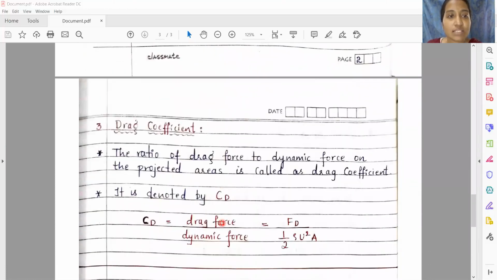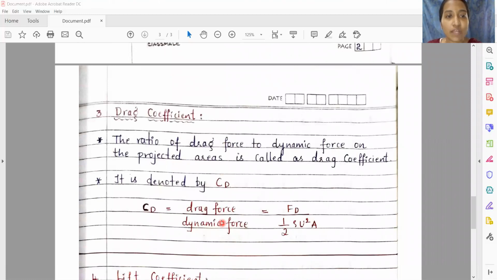The third concept, which is also very important, is the drag coefficient and lift coefficient. The drag coefficient is easy to remember.